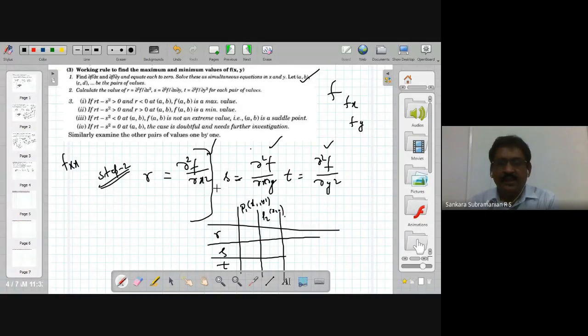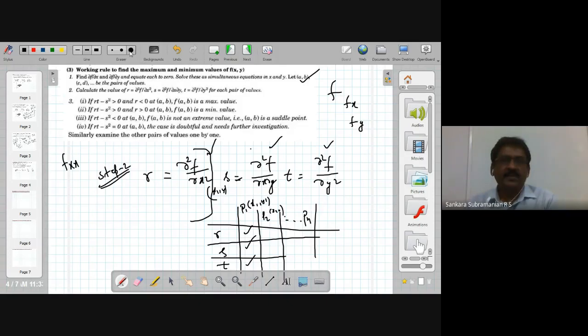We substitute at (x1, y1), the first stationary point, and find the values of R, S, and T. Similarly, if you have n stationary points, we can make the tabulation column for the values of R, S, T. If you put the tabulation column, then it will be easy for you.